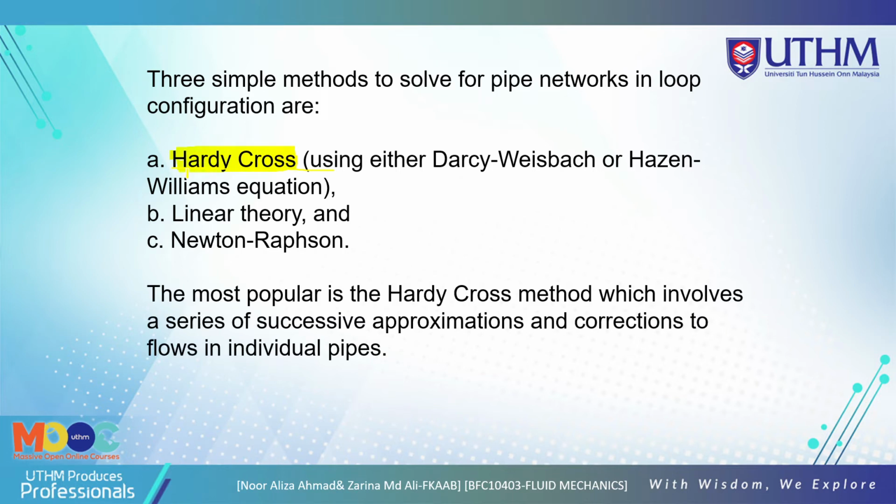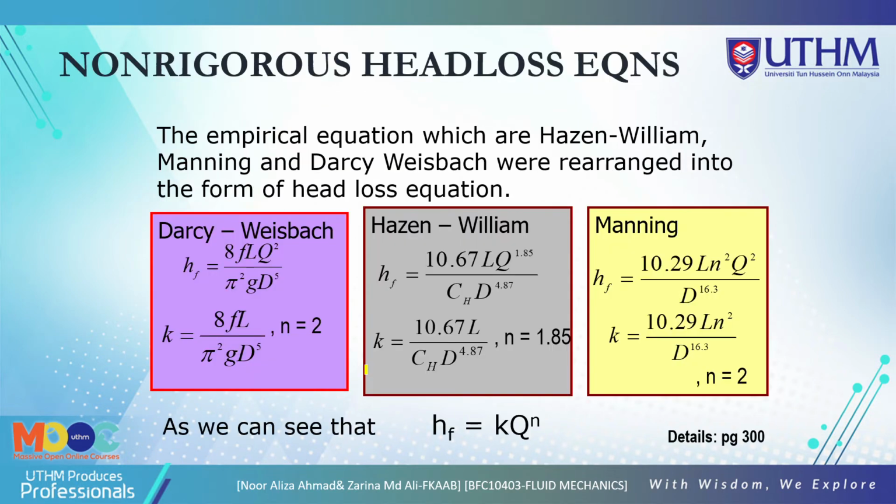The most popular is the Hardy-Cross method, which involves a series of successive approximations and corrections to flows in individual pipes. Now, using the head loss equation, the empirical equations, which are Hazen-Williams, Manning and Darcy-Weisbach, were rearranged into the form of a head loss equation.